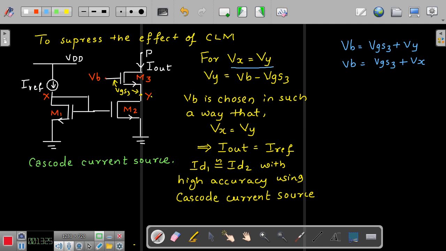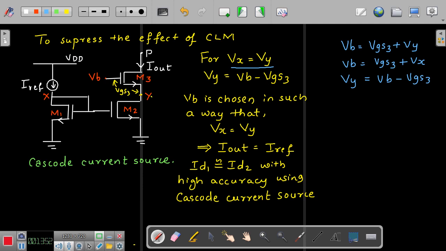So your VB can also be written as VGS3 plus Vx, or your Vy is written as VB minus VGS3.